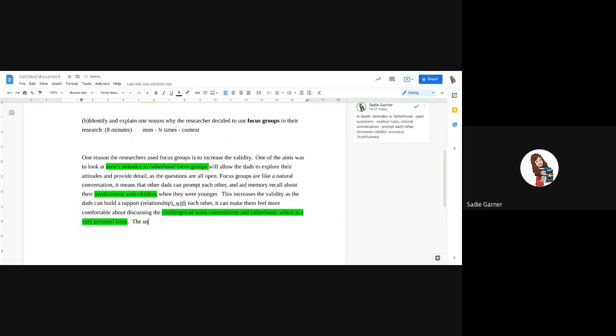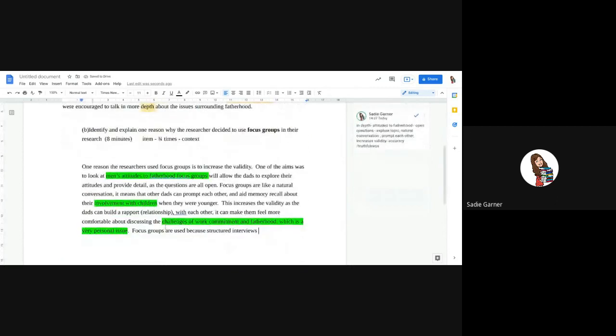Okay, last bit. Focus groups are used because structured interviews would address the aim of involvement, but would not have allowed the researchers to address their second aim.